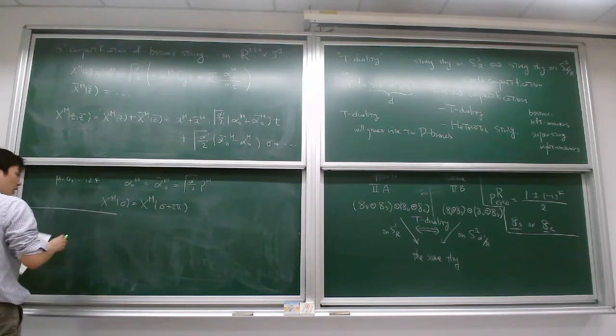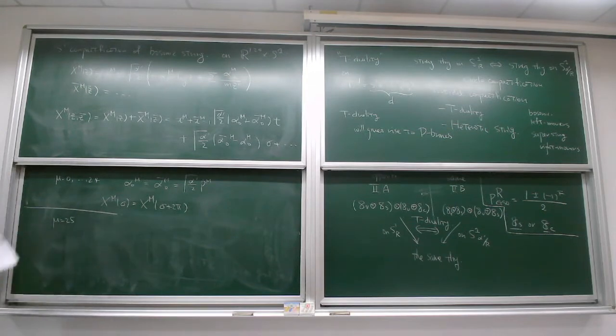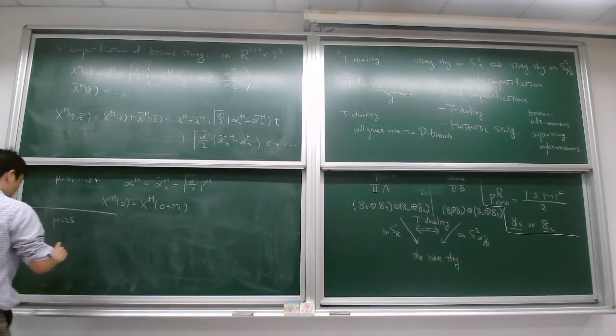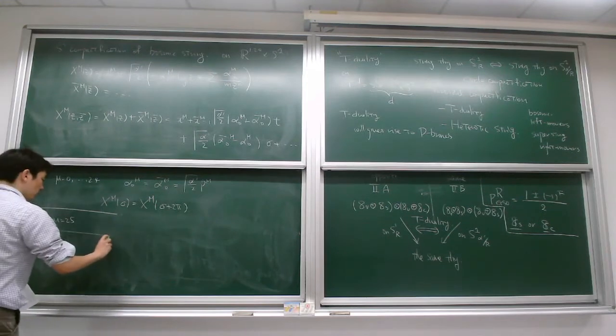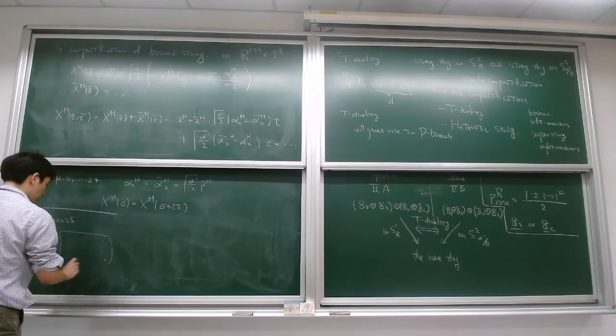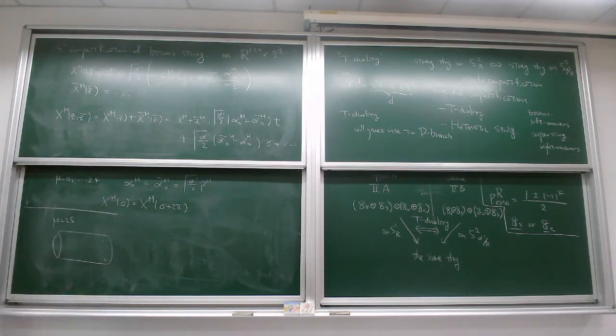On the other hand, mu equal to 25 is going to be very interesting. So, for instance, the momentum is quantized. Let's consider this one as the X^25 direction. The string can wind, like twice, this way.